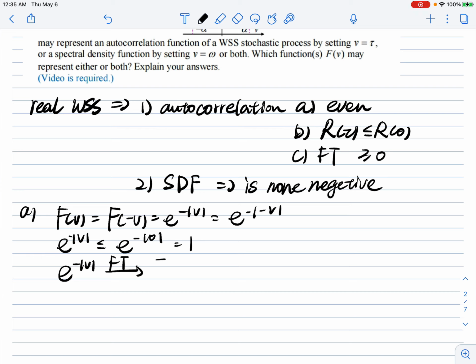That should be this part, this item. So it is larger than 0 because this part is positive, and so the result should be non-negative.